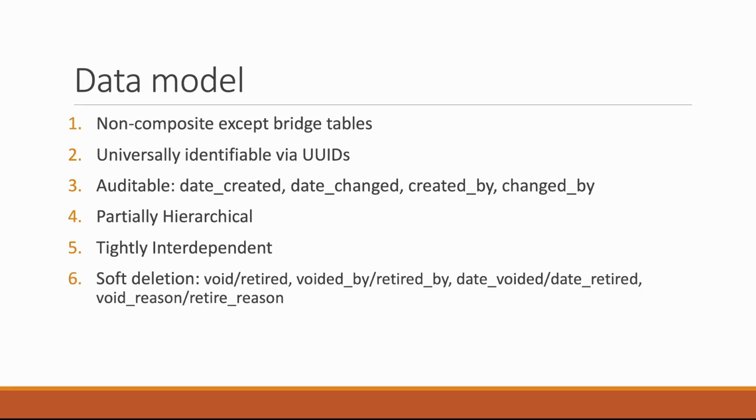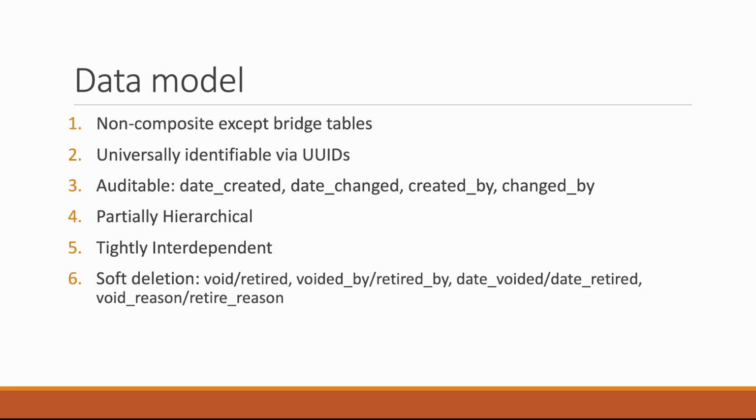Now, next we have soft deletion. What is soft deletion? Soft deletion says you don't delete anything from the database once entered. So if you have created a patient, there is no way to delete that patient from within the OpenMRS system. What you can do is tell OpenMRS that this record is voided or retired.